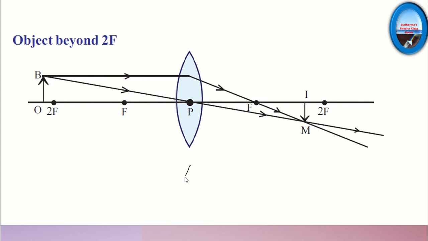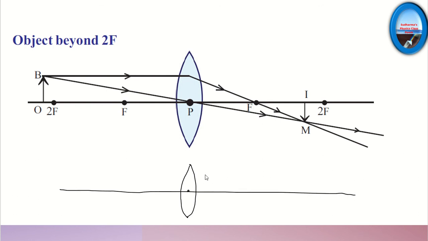When we draw the ray diagrams, basically we have to draw the lens, right? Draw the lens. I'm drawing freehand now. Okay. So draw the principal axis. Use the scale to draw the ray diagrams. I'm just showing the procedure. Okay. So mark the optical center, then focus, then double the focus.